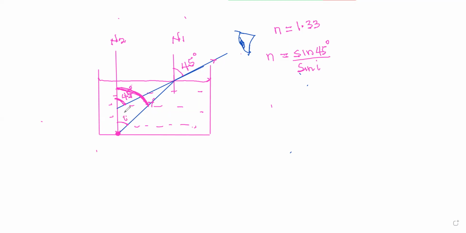So I is here. So if I'm moving from air to water, this will be it. If I'm moving from water to air, then it must be 1 over the refractive index equal to sine of I over sine of 45, the reverse. So in this case, I is the incident and R45 is the refraction. So both ways, you can look at it from air to water or water to air.